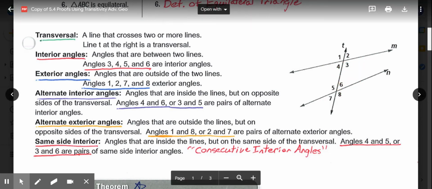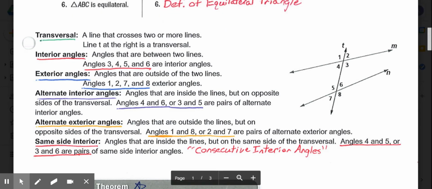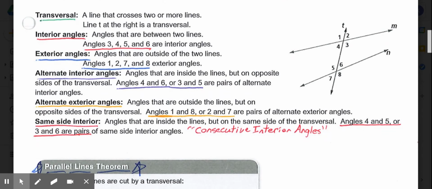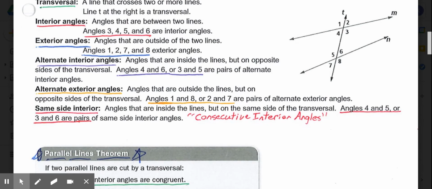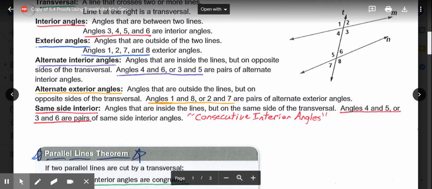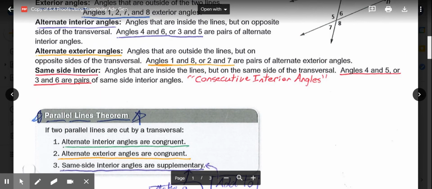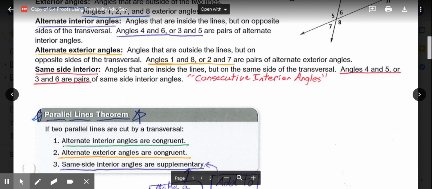Those are called same side interior or consecutive interior angles. Now, why do all these angle relationships or pairs matter? Because when we have parallel lines, so if M and N are parallel, we get a couple special properties that make up the parallel line theorem.